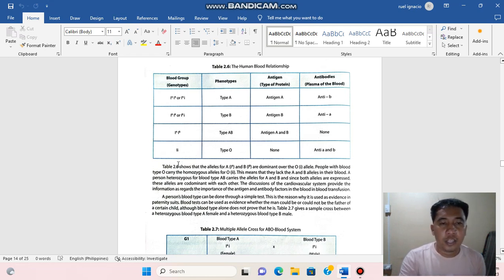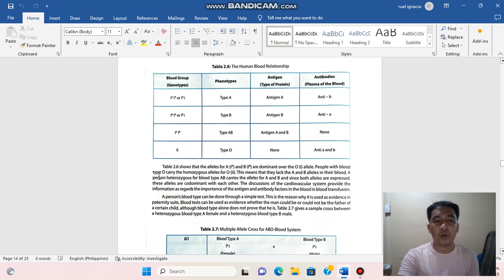So, Table 2.6 shows the alleles for A and B are dominant over the O allele. The alleles for A and B are dominant over the O allele, represented by small letter i, while the big letter I represents dominant. The small letter i is recessive. Therefore, your type O blood is recessive.